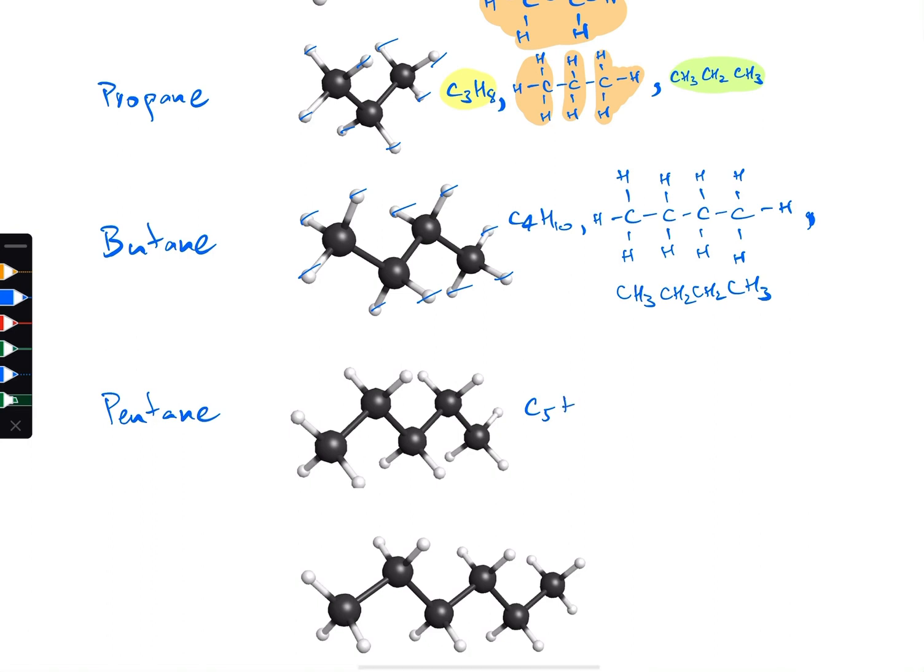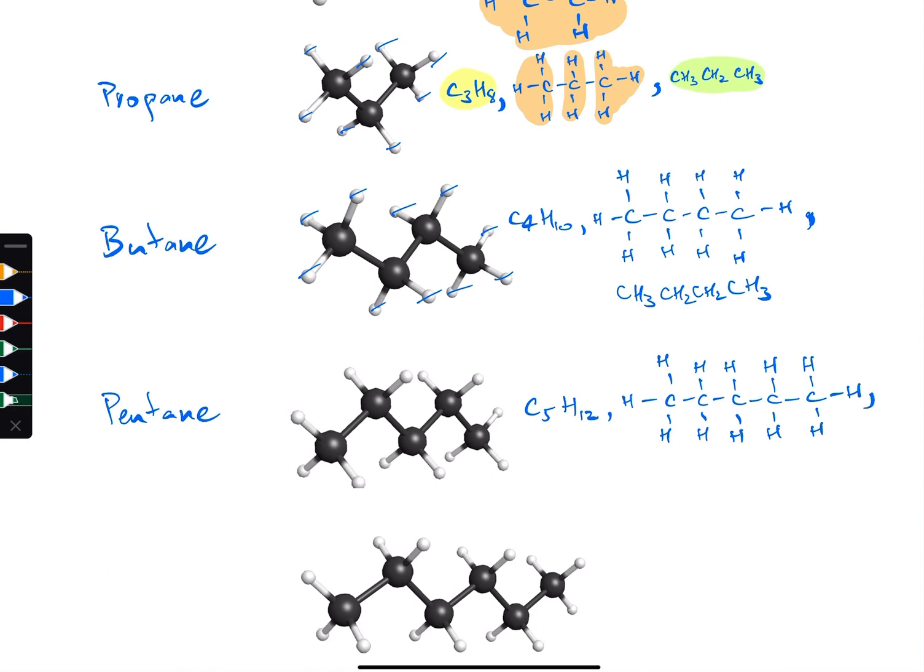If you go through and count, you'll find that there are 12 hydrogen atoms. The structural representation looks like this. 5 carbons, a straight line. So this is the straight chain alkane with 5 carbon atoms.